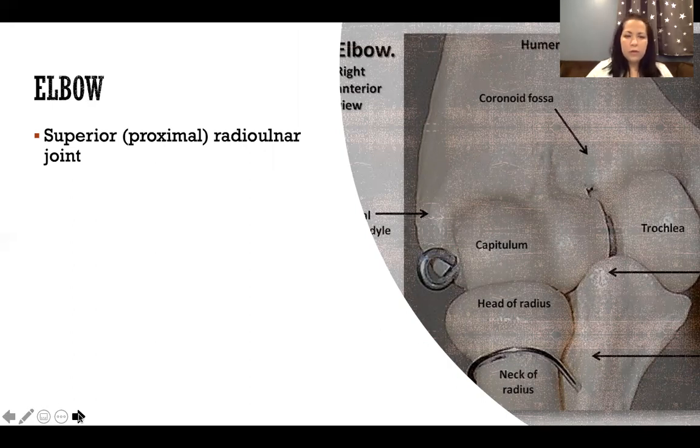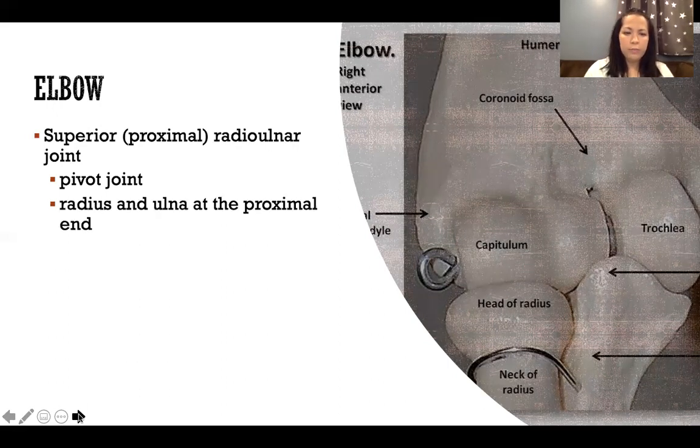That includes the superior radioulnar joint, which is synonymous with the proximal radioulnar joint. I don't care which term you use. It's a pivot joint, so it's uniaxial. It only moves in one direction, and its action is pronation and supination of the forearm. It's the articulation between the radius and ulna at the proximal end of those bones.